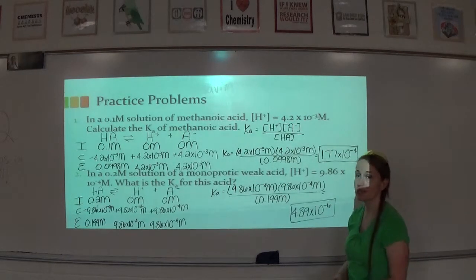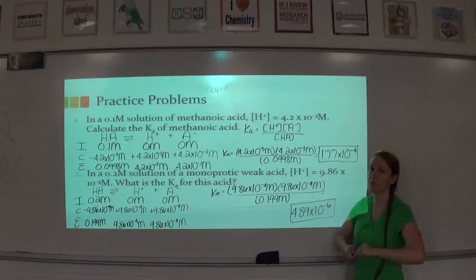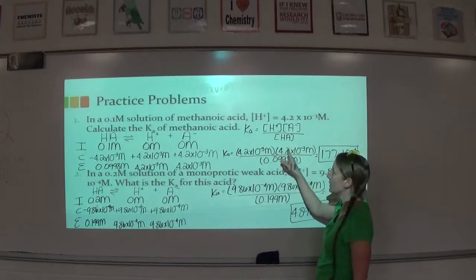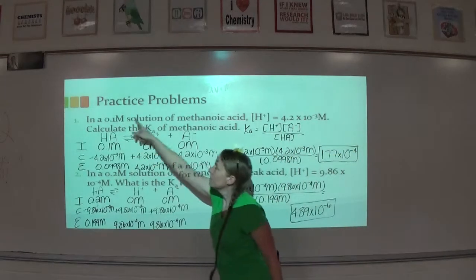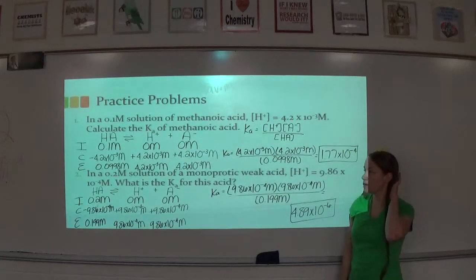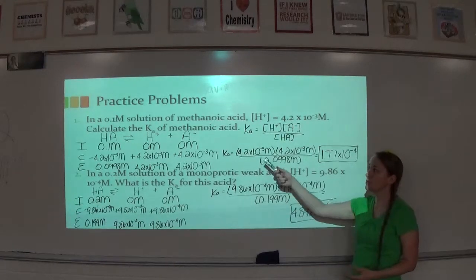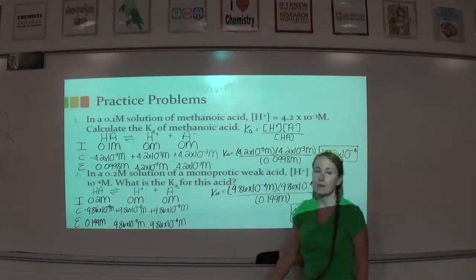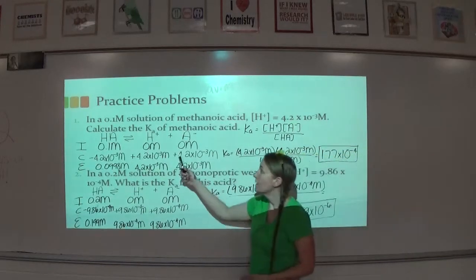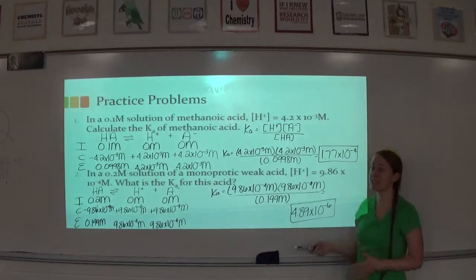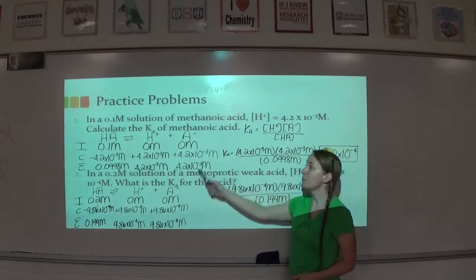Okay, so the important thing to realize is some of y'all, you're probably already seeing the pattern for the newborn baby ice charts. And that is, well, aren't we just doing this number times itself on top divided by this number minus this number? Well, yes, that is exactly what we're doing. So you may think, well, why can't I just do it that way? Well, I want you to know how to do an ice chart because when you move on to college or if you take AP Chem, once you start changing the ice charts and you have coefficients or you have more than one starting amount or you have unknowns where you're doing plus x and minus x and plus 2x and then you're having to do powers that we haven't done in here, it's so much easier if you can set up a basic ice chart.